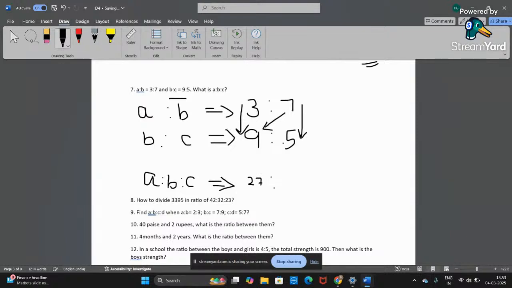Then 7 nines are 63, right? 7 fives are 35.